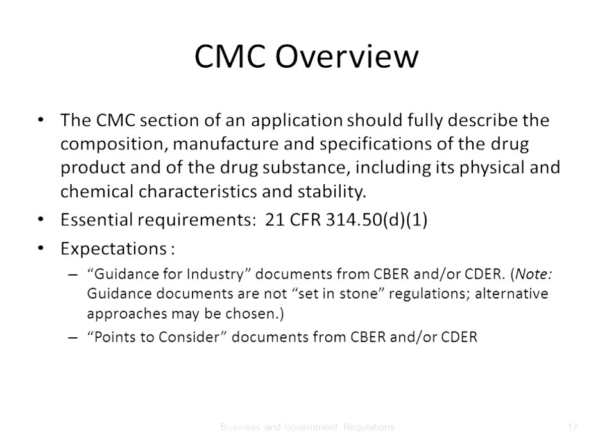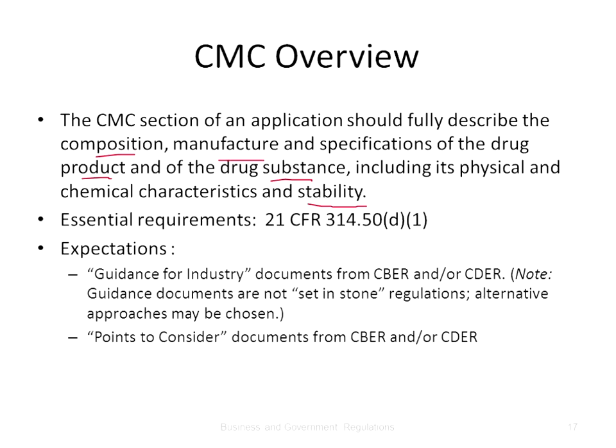Okay, so the CMC section, what does it need to have? It should fully describe the composition, manufacture, and specifications of the drug product and of the drug substance. Remember the difference between drug product and drug substance, including its physical and chemical characteristics and stability.